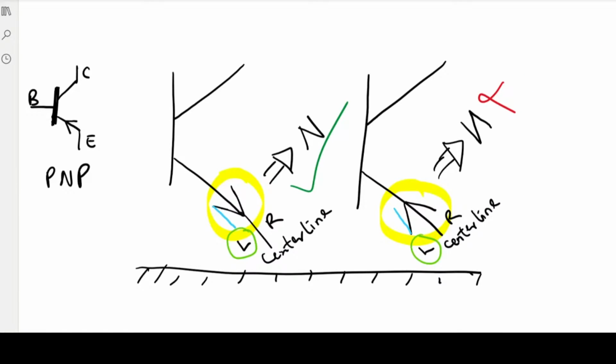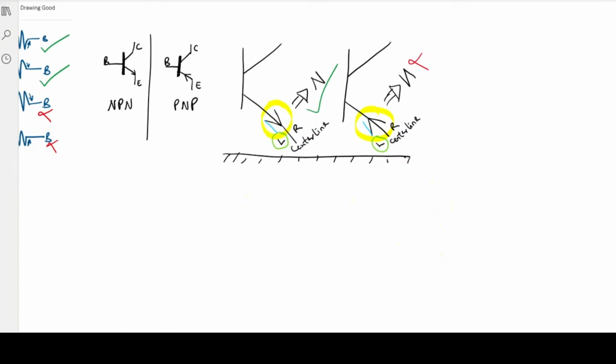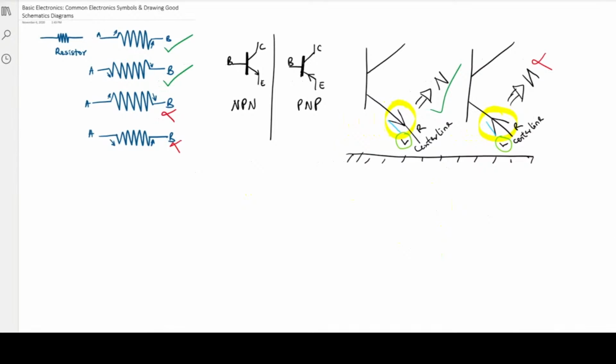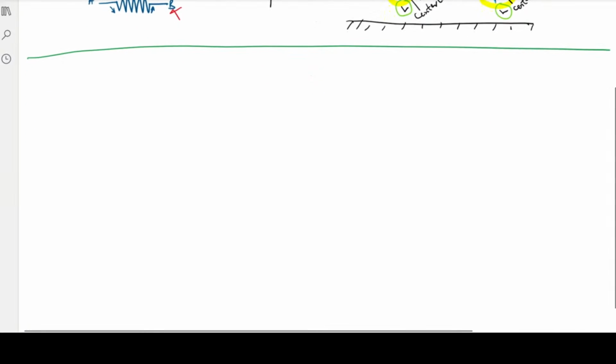So let's look at the diode. So we looked at the resistors and transistors. Let's look at the diode. So a diode, let's use a black. The diode has two terminals.